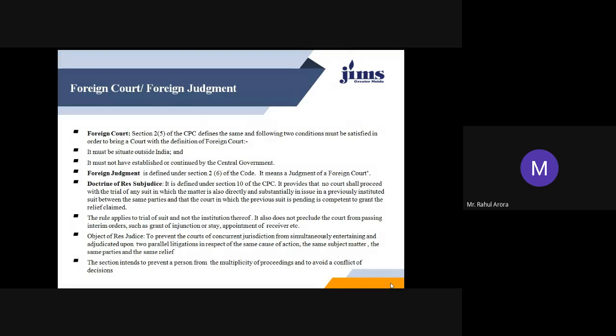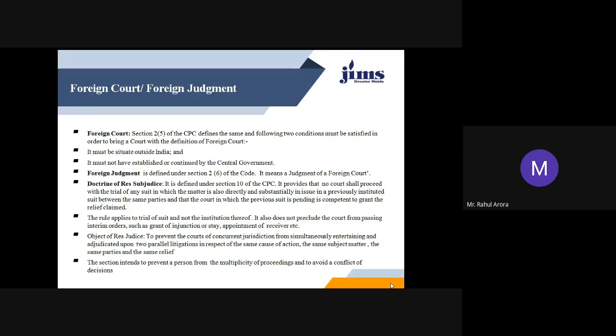That is foreign court. What do you mean by foreign court? Section 2 clause 5 of the CPC defines the same, and the following two conditions must be satisfied in order to bring a court within the definition of foreign court. First, the court must be situated outside India.